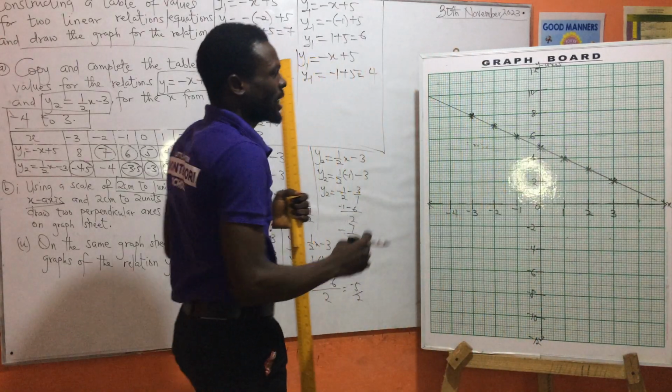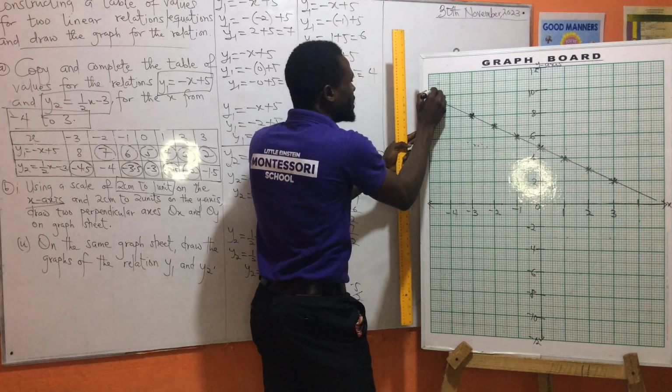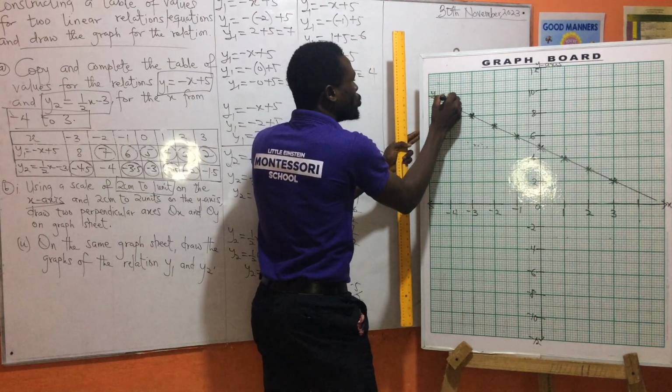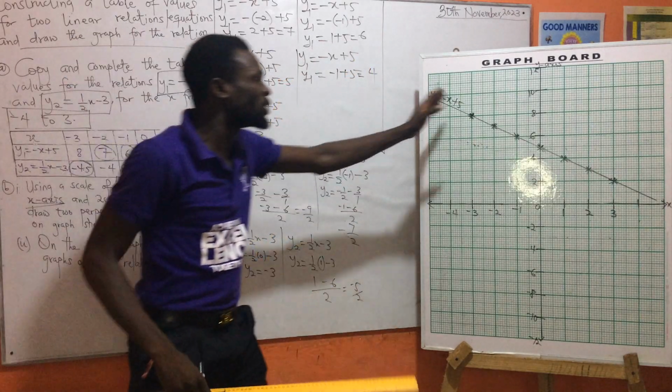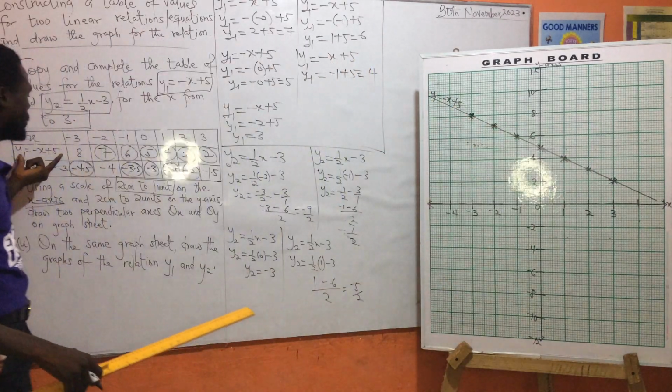Good. So that is it. So this relation you can write here, which is y1 is equal to minus x plus 5. We don't need to write a point one after the other. We just write down the relation.